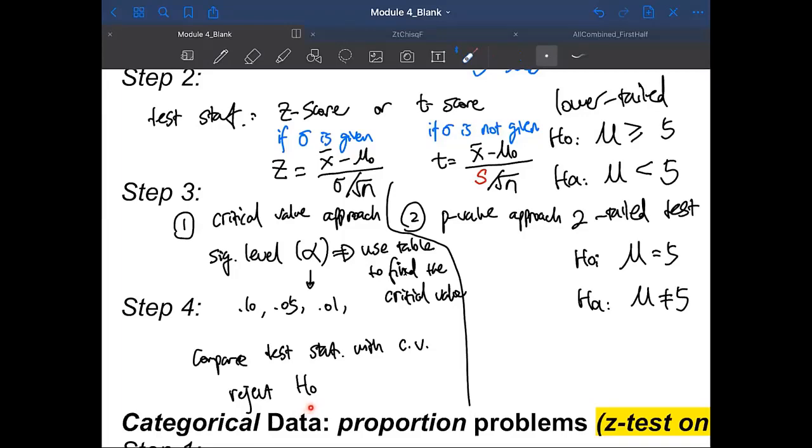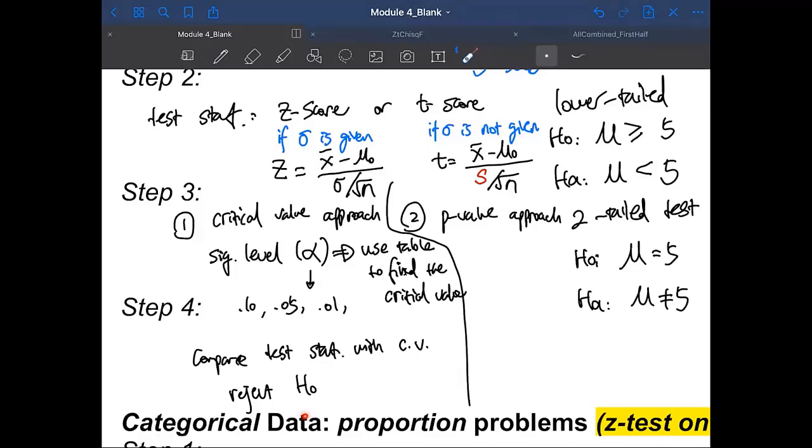The statement you make from hypothesis testing is always about the null, whether you reject it or you fail to reject it. Some other people say accept, but I try not to use that word. You can think in your head this is accept, but in reality you want to say not enough evidence to reject it. It's sort of like accept, but there's a subtle difference between those two.